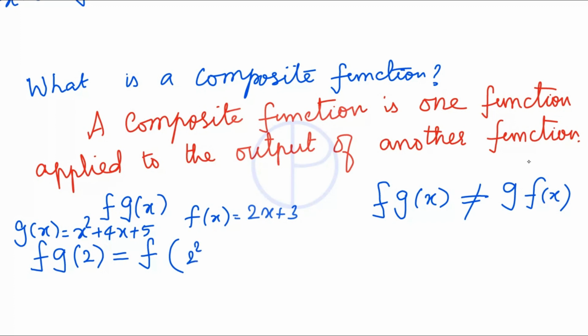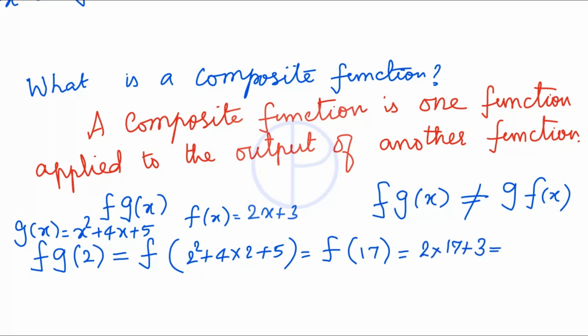So you get 2 square plus 4 multiplied by 2 plus 5, which is 4 plus 8 plus 5, which is 17. Now plug in the value 17 in the function f of x. So you get 2 multiplied by 17 plus 3, which is equal to 34 plus 3, 37.